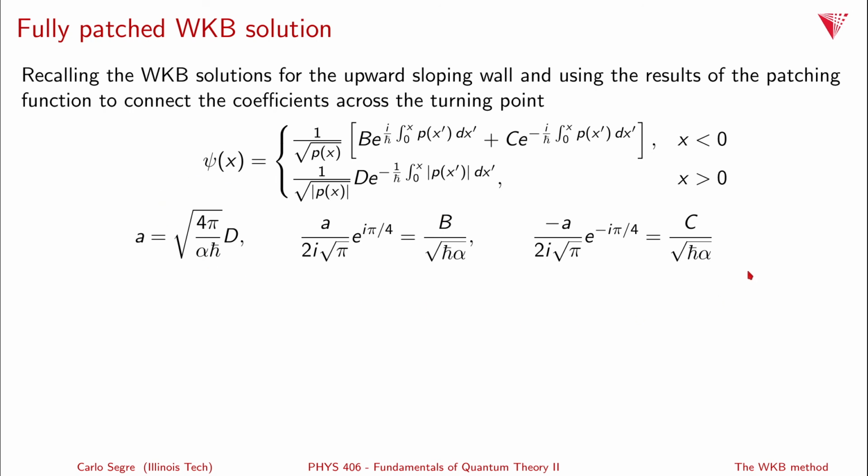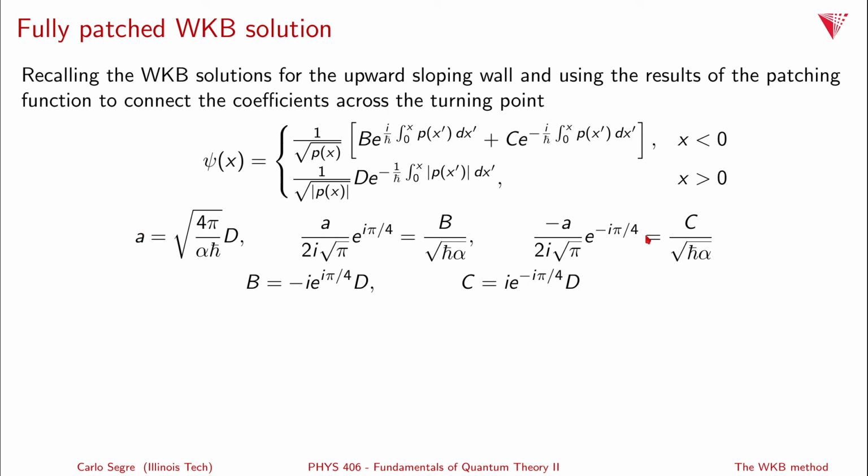And we can take these three equations and eliminate a. When we do that, we get that b is equal to minus i e to the i pi over 4 times d, and c is equal to i e to the minus i pi over 4 times d.